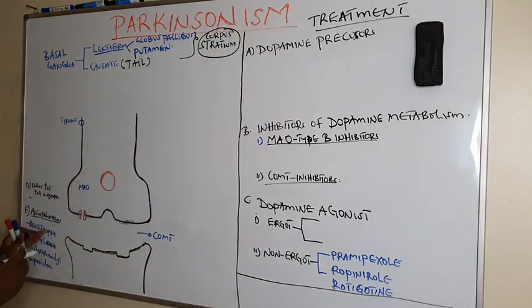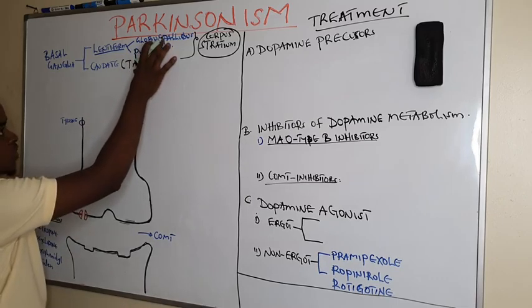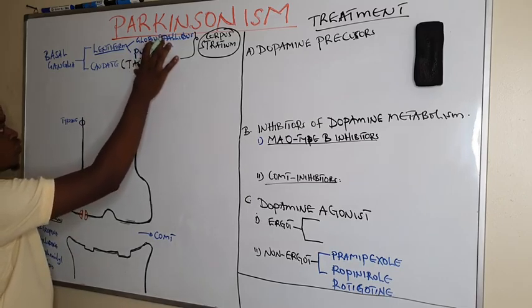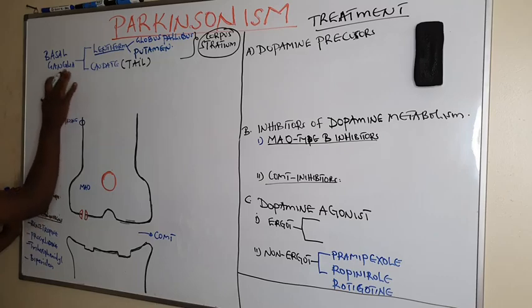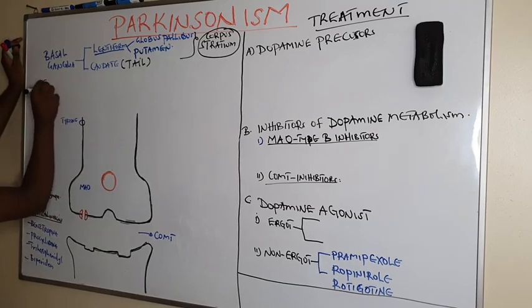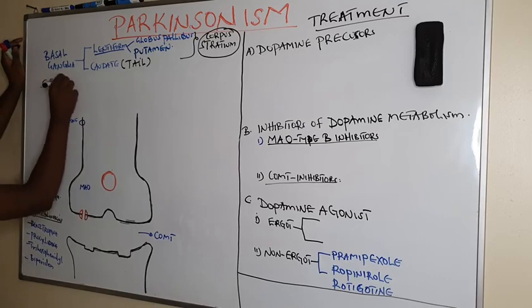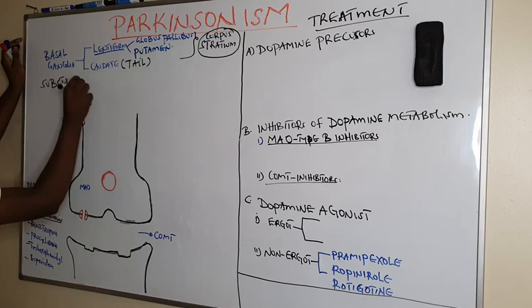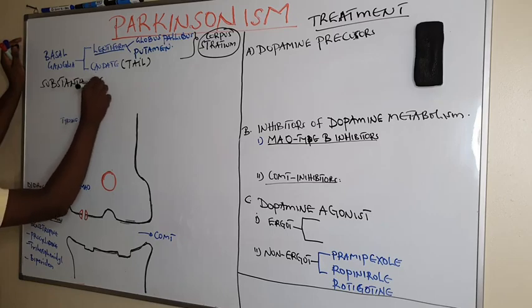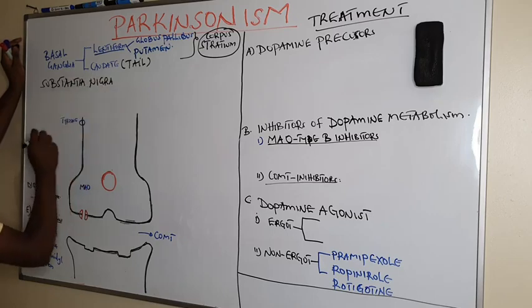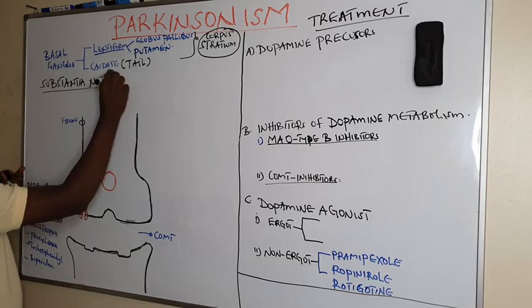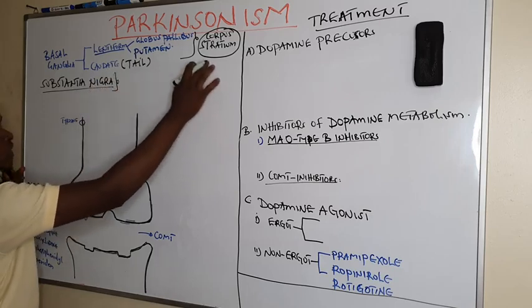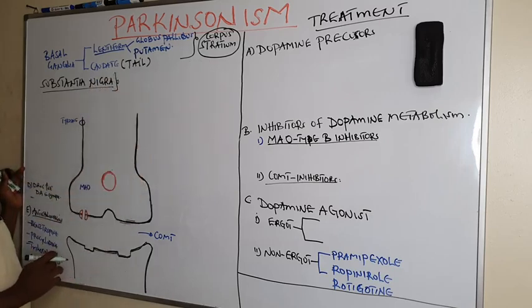And this corpus striatum, which has three nuclei, is always controlled by the part of the brain known as substantia nigra. This part of the brain, which is below the thalamus, is the one that sends neurotransmitters that control the corpus striatum.